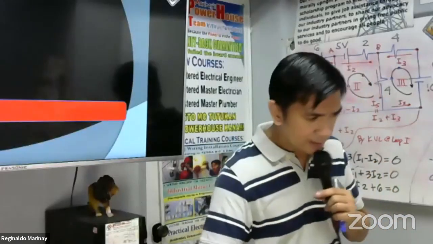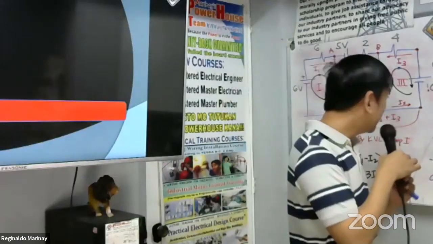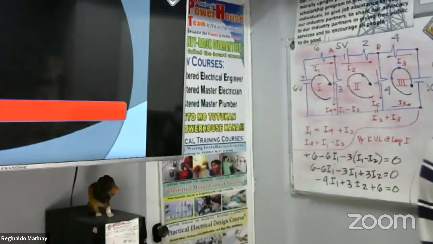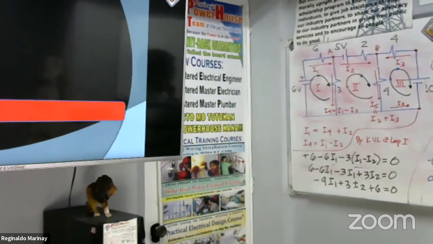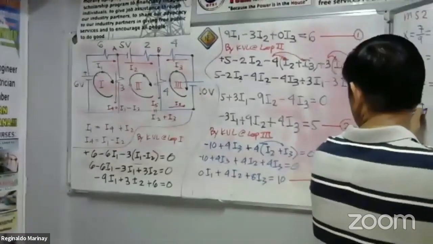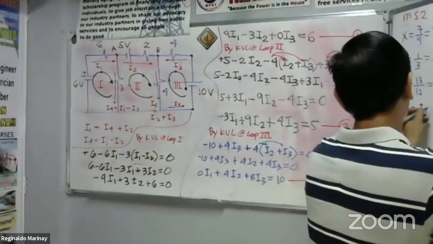Anyway, we still have to calculate for I sub 4. We said that I sub 4 is I1 minus I2.